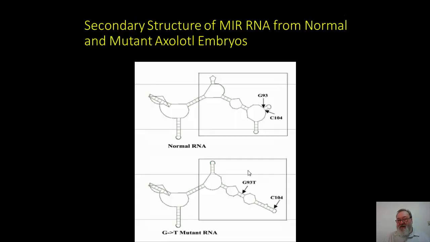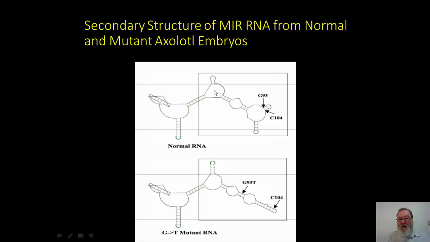heart cells. When we did a secondary structural analysis of the RNA from normal and mutant axolotl embryos, we found a significant difference in the secondary structure. This was done by taking the sequence and sending it via computer to the University of Moscow in Russia, where they have a program that will predict secondary structures based on the primary sequence of the RNA.